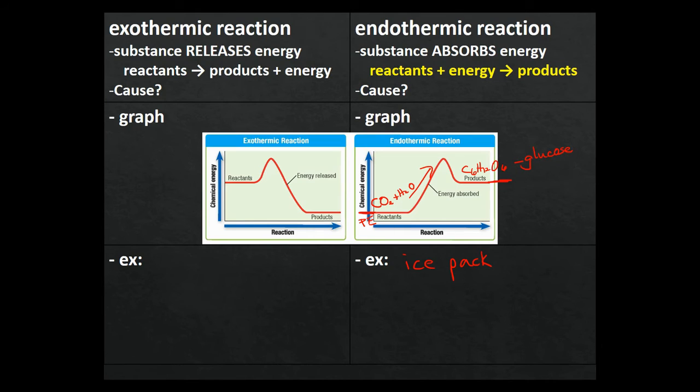Now, once we have that energy, we can go back over here to the exothermic reaction, and we can think about what happens there. We have C6H12O6. In other words, the food that you're eating. Your body is taking that, and inside your mitochondria is breaking that stuff down. So my reactants have a higher potential energy, and then it takes a little bit of energy to break that stuff down.